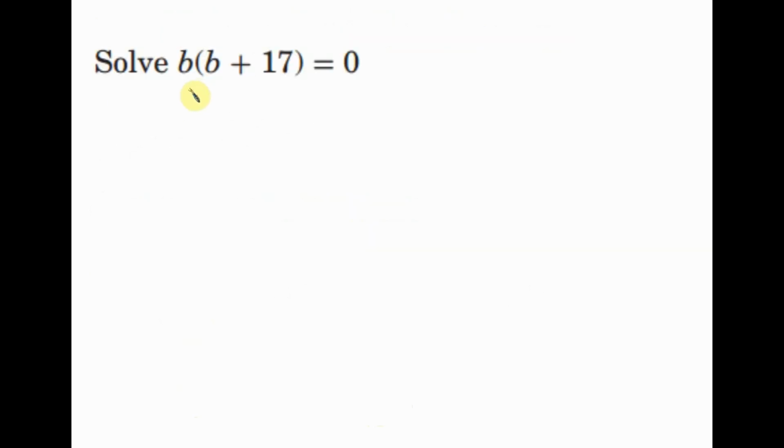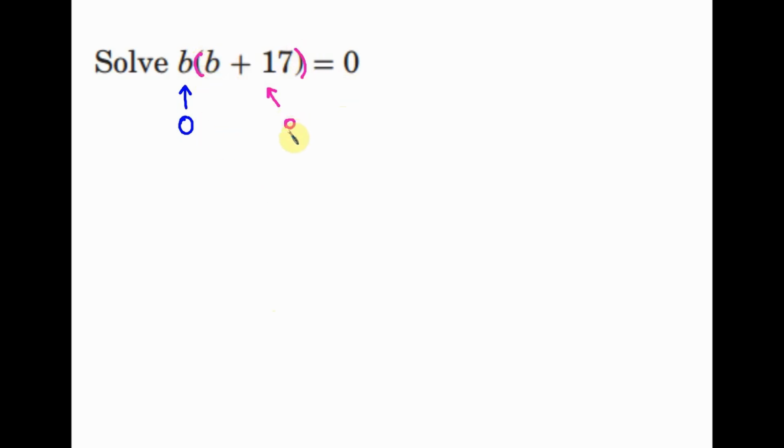Here's an example. So if you already have an equation and that is equal to 0, double check: is it in multiplication format? And it looks like they took out the greatest common factor b from both terms. So what they're saying is, if I solve this, the first term right here, this b has to equal 0, because if this was 0, whatever this term becomes, it doesn't matter, as when you multiply by 0, it will automatically become 0. Also, you will do another one saying, what if this group was equal to 0?